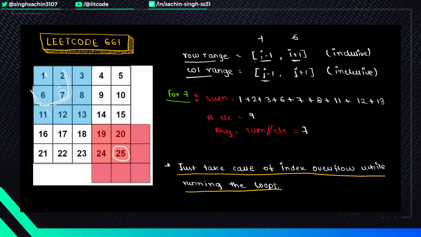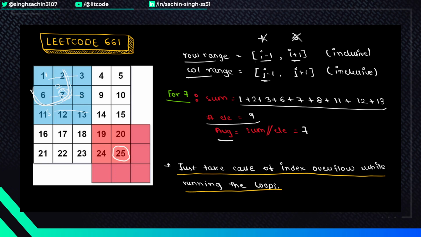So this should be valid, and this will be the range of the overall cells which we have to consider. For 7, we are going to take all the elements, take the sum of it, and also count the number of elements we are considering. For this 7 we considered 9 elements, 3 3 3. So the number of elements was 9.